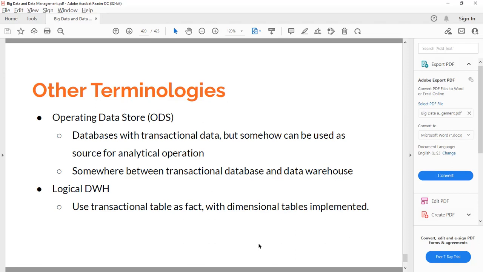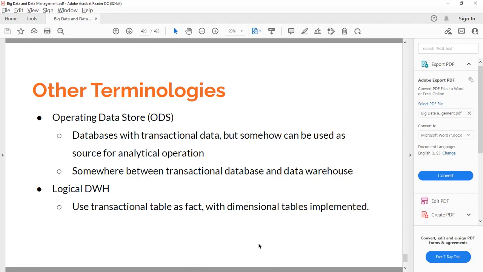It has the most recent transactional data, but somehow you use it for analytical operations. And in order to do these analytical operations, some people also add some lookup tables and dimensional tables to enhance performance. It's somewhere between a transactional database and a data warehouse. So this is something that you will also run into.